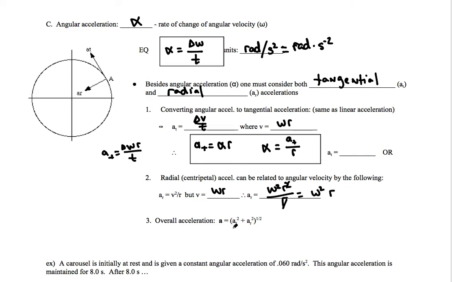And if you think of it as two vectors, we have an inward acceleration and we have a tangential acceleration, and for the overall acceleration we use the Pythagorean theorem, a squared plus b squared equals c squared, with c being the third side of your triangle.